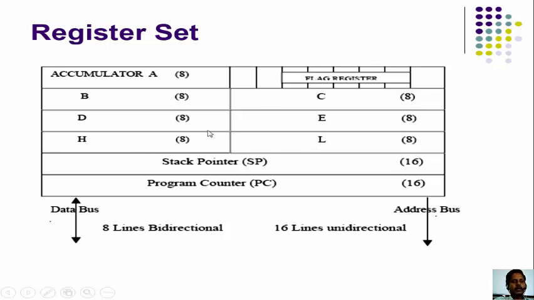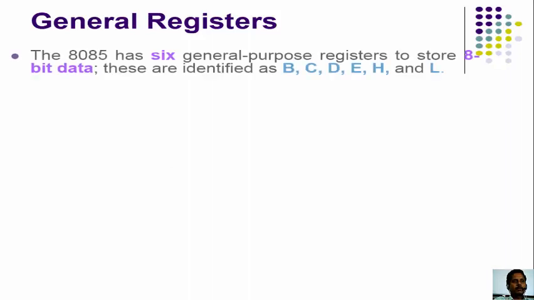So these are the general purpose registers, and SP stack pointer and PC program counter, these are the two 16-bit special purpose registers. So general purpose registers, as I said, 6 registers are there of 8-bit capacity, that is B, C, D, E, H and L.